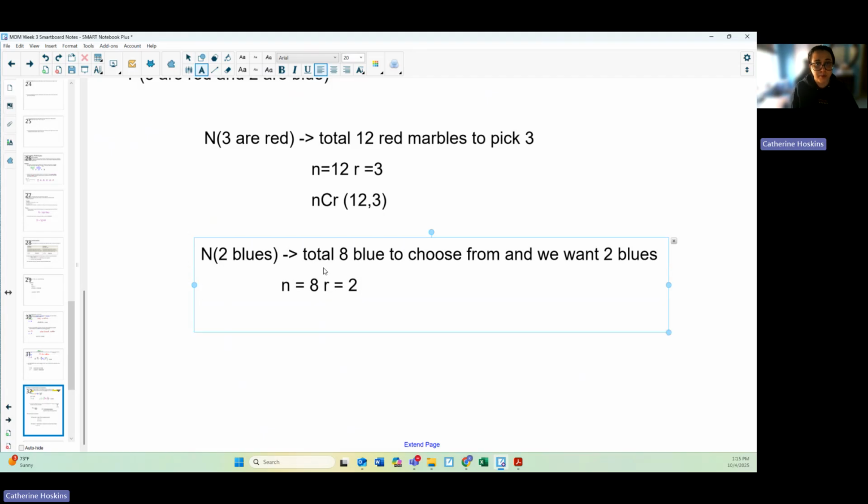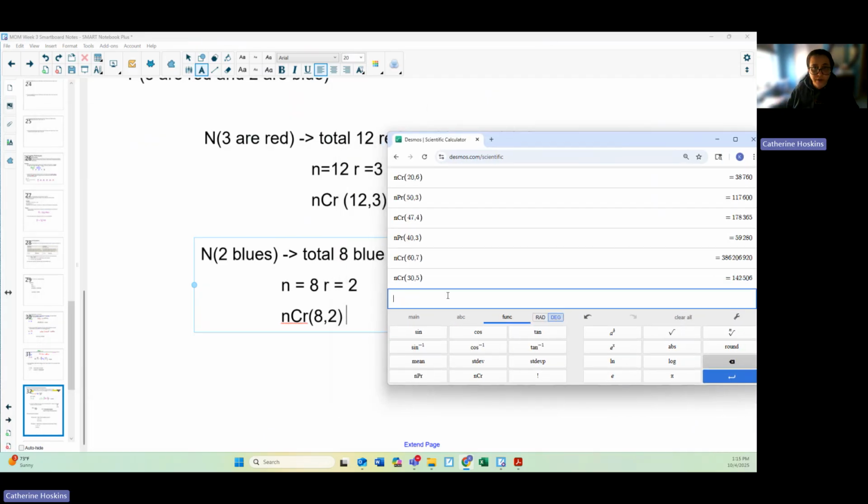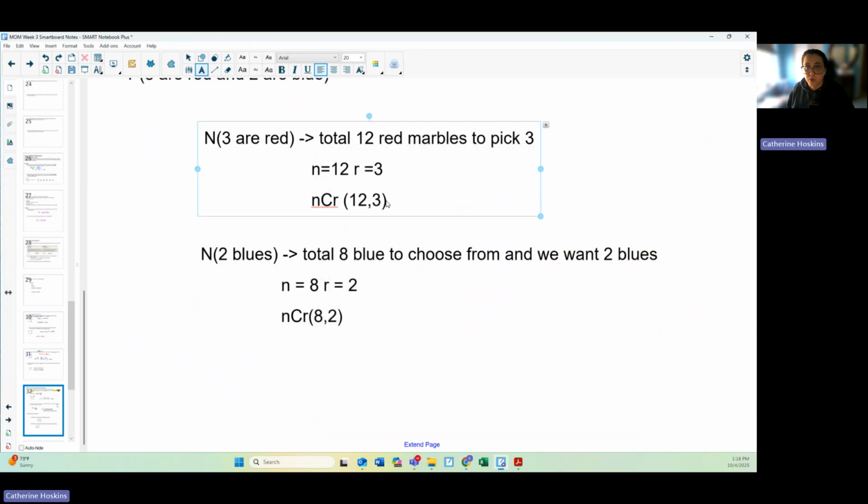To find the count of how many blues we could choose, it would be NCR 8 comma 2. I'm now going to find both of these using Desmos. The total count for our red possibilities, when order does not matter, is NCR 12 comma 3, and for my blues NCR 8 comma 2. So the total number of possibilities to pick the reds is 220. The total possible ways to pick the blues is 28.